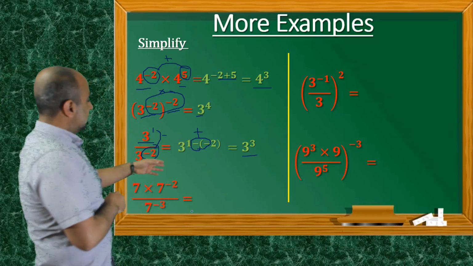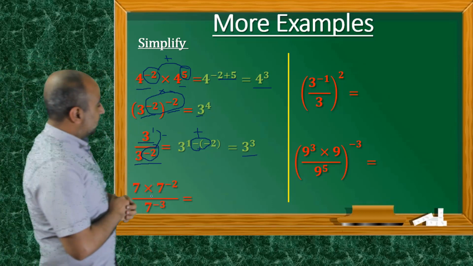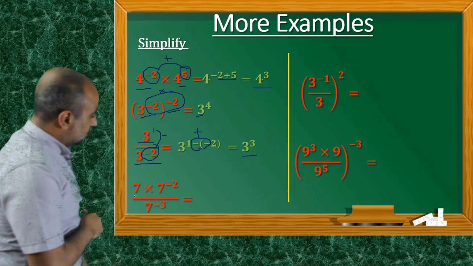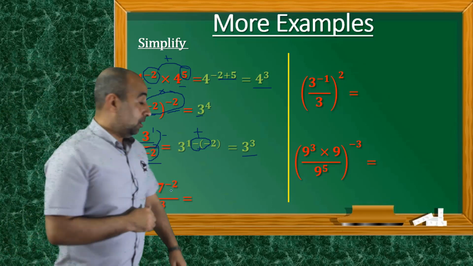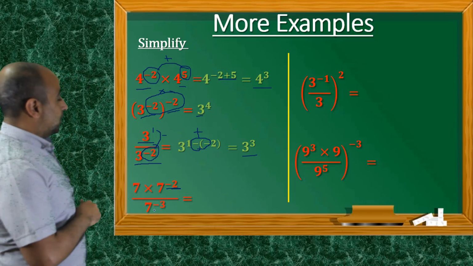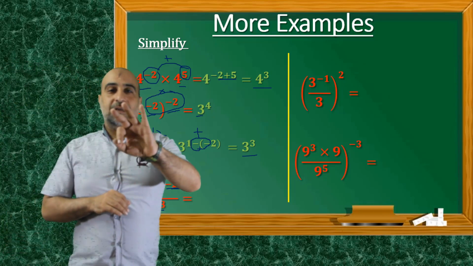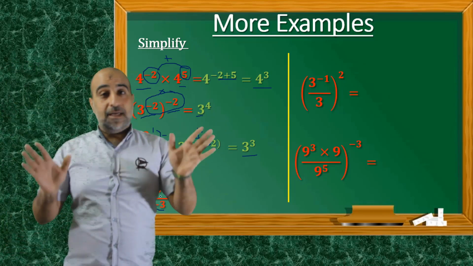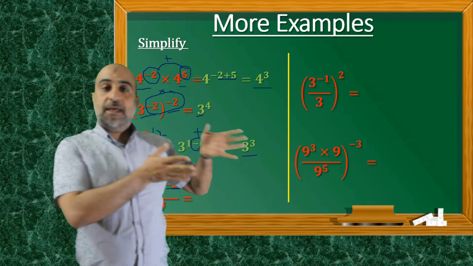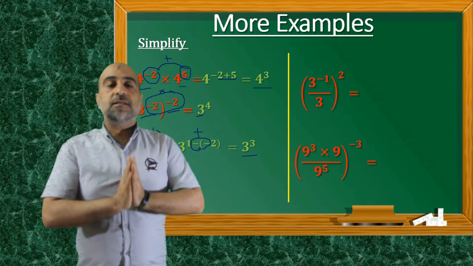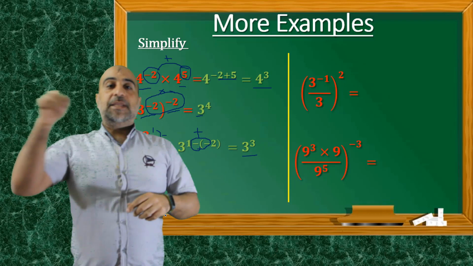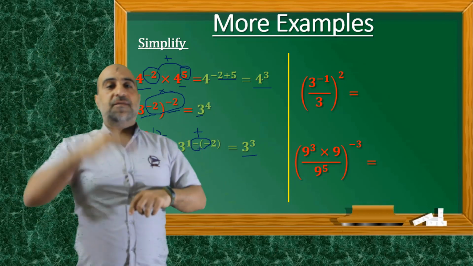Now, 7 multiplied by 7 to the power of negative 2 over 7 to the power of negative 3. The three bases are equal. It is 7. Then I will put the base, which is 7, and find the whole powers. Multiply, find the sum, and divide, find the difference.